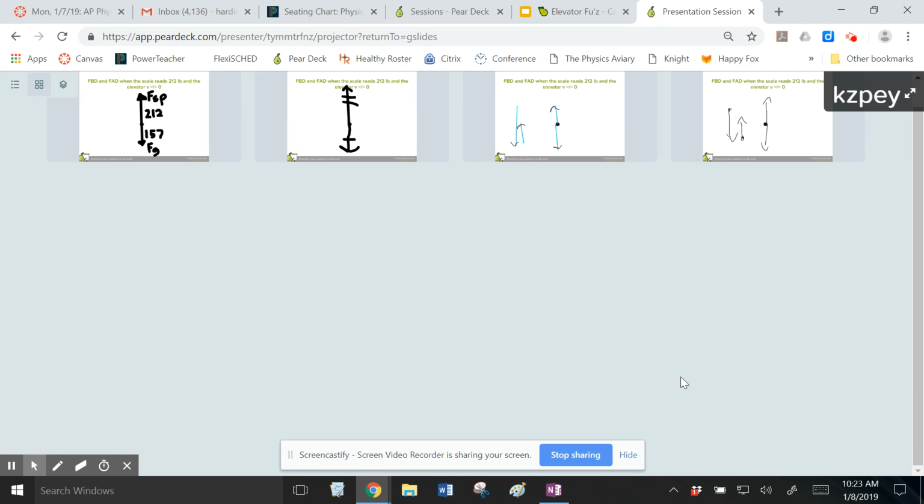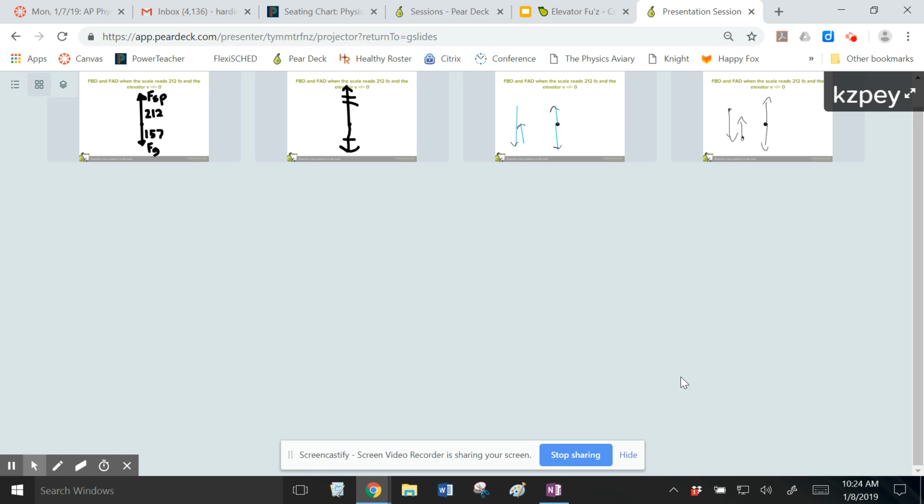Okay? So what's my additional force in the direction of motion? Keep in mind the motion is up like that. I've got FG down, that's 157 pounds, unless he eats too much like Mr. Harding over winter break, okay?